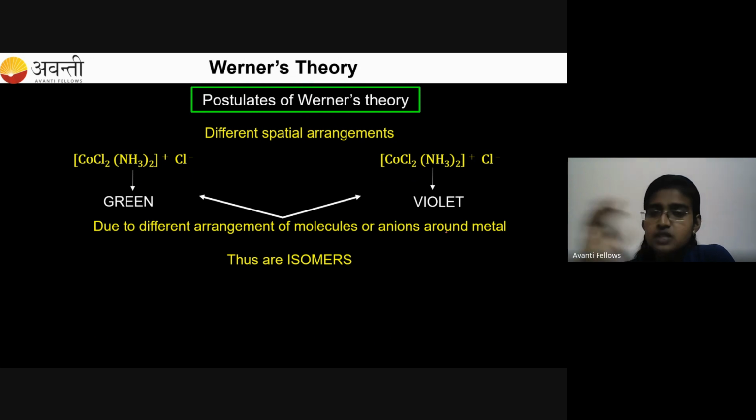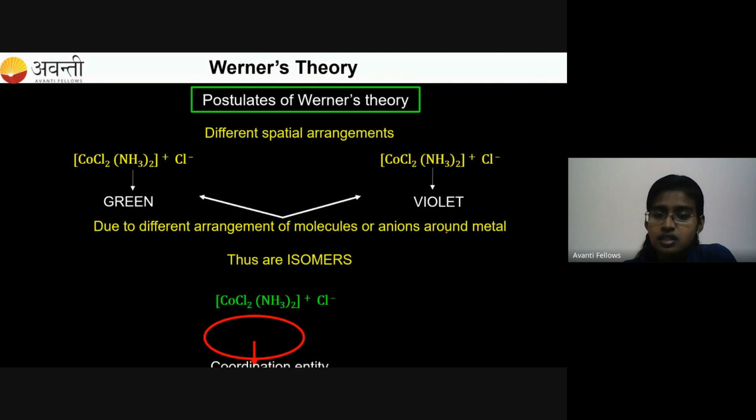Compounds which have the same molecular formula but different structures are called isomers. Since these two compounds are isomers of each other, they are in different colors. One is the cis isomer, the other one is the trans isomer.